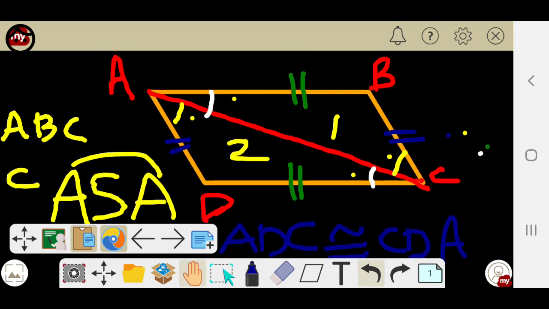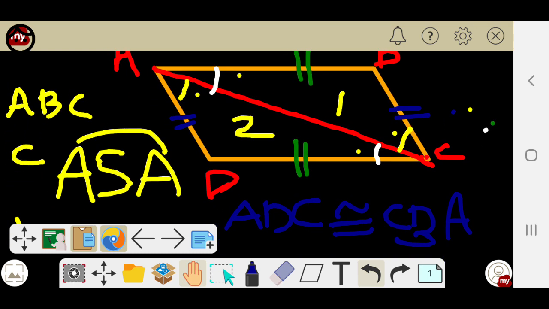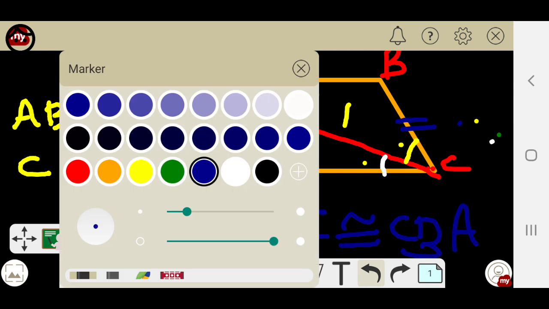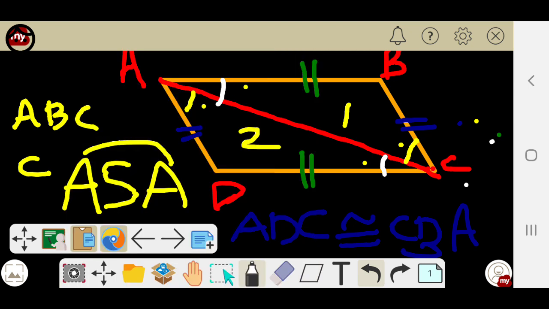If ADC is congruent to CBA, AD will be equal to BC. Congruent means not only angles but sides are also equal. Triangle ADC congruent to triangle CBA means side AD is equal to side CB. Here AD and BC are equal.